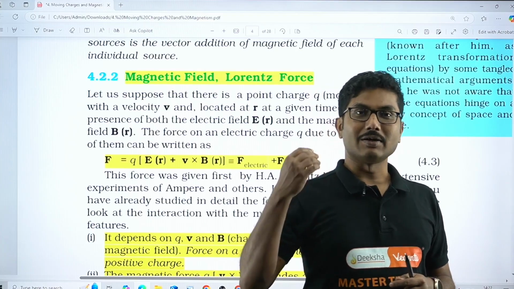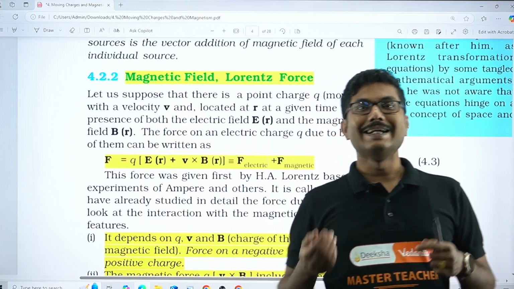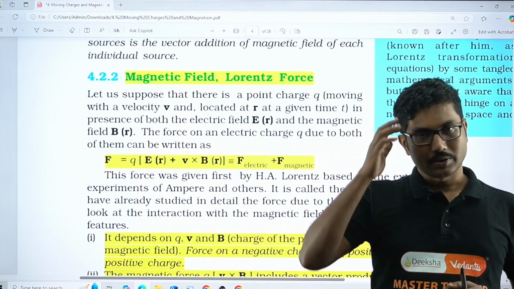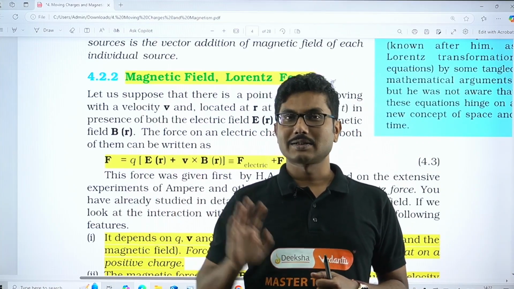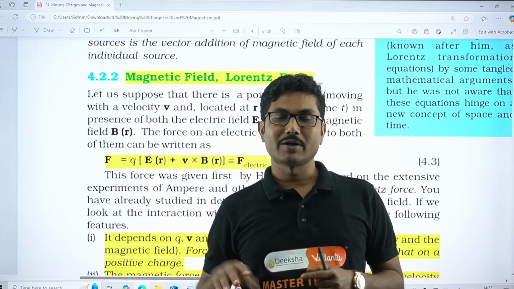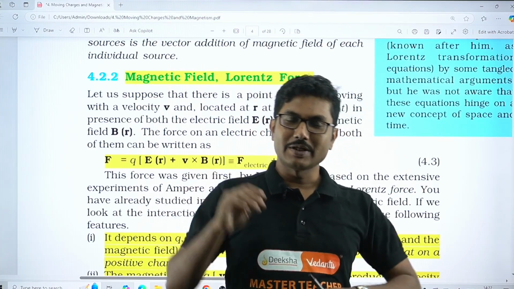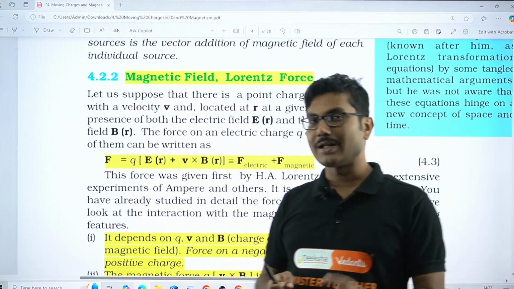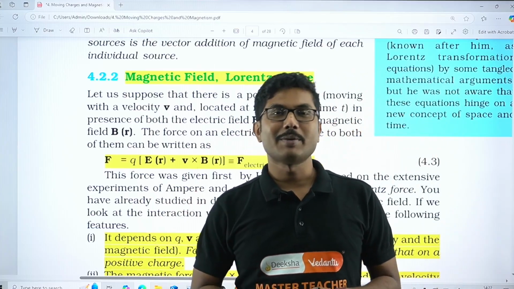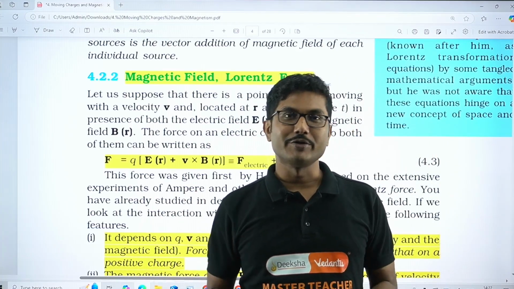If the charge is only static, it will only interact with the electric field, right? A static charge will only ask the electric field, what are you going to do with me? But if the charge is moving, then that charge will ask questions not only to the electric field, it will ask the magnetic field as well. What are you going to do with me?